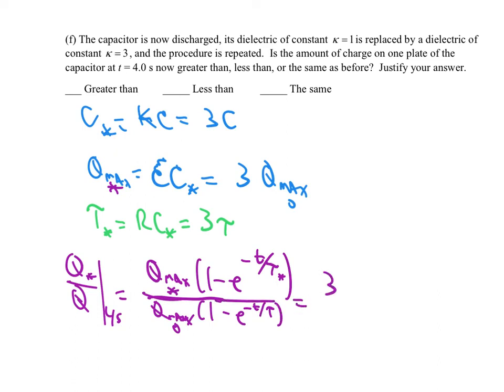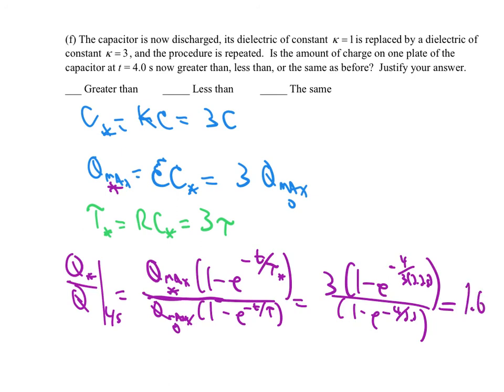So we know we get a 3 out here, and we have 1 minus e to the minus 4 over 3 times 2.2, over 1 minus e to the minus 4 over 2.2, which really we have to grind out. And this whole thing becomes 1.62, which confirms that it is greater than it was before, since the ratio is more than 1.